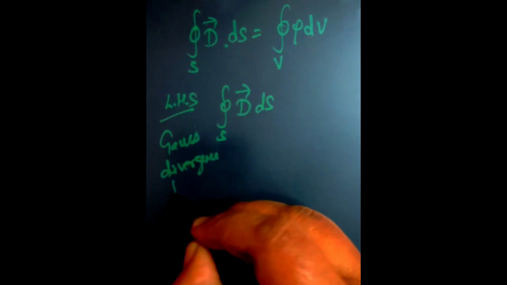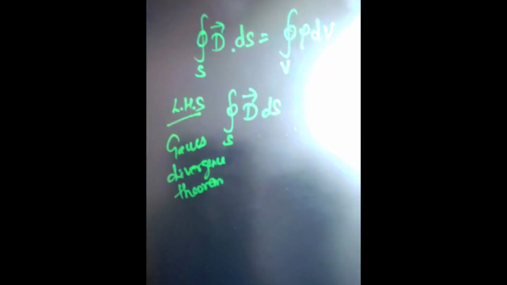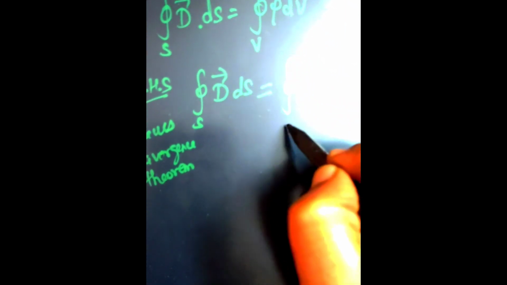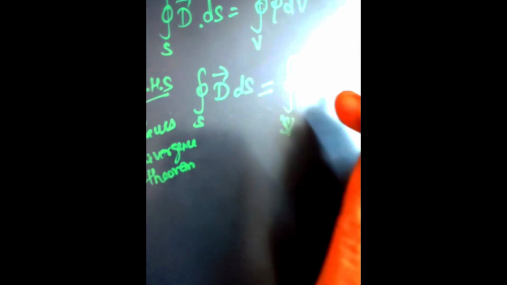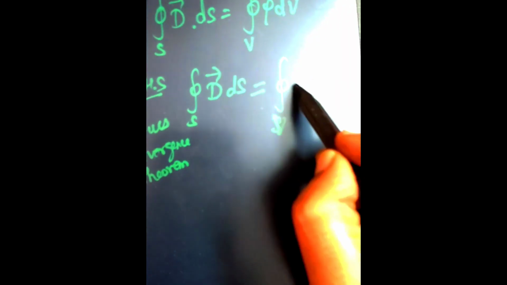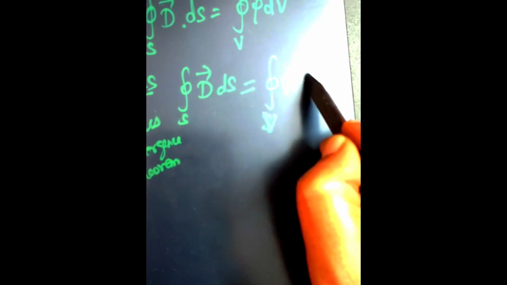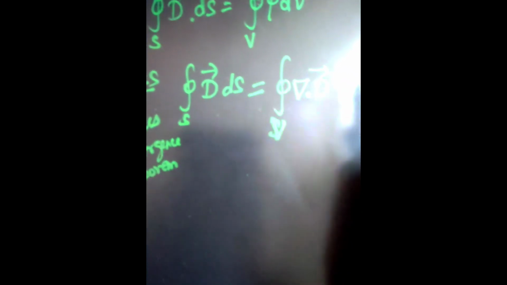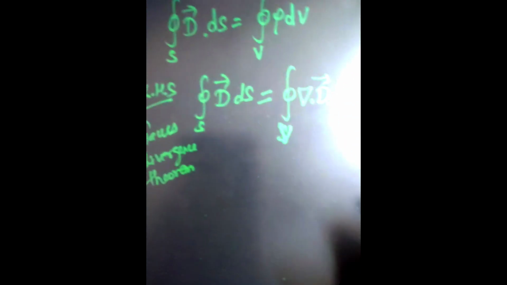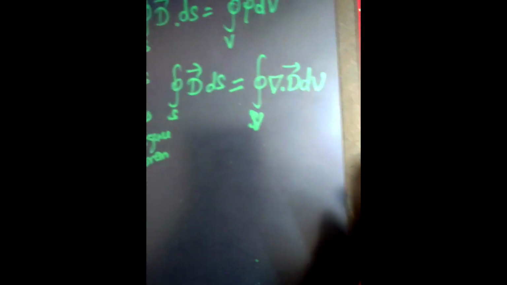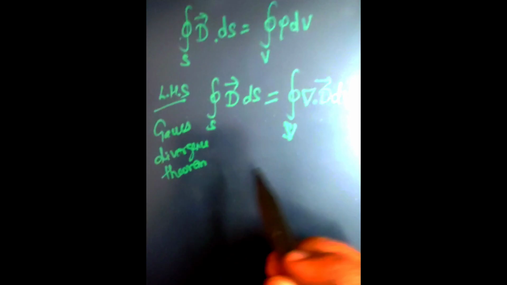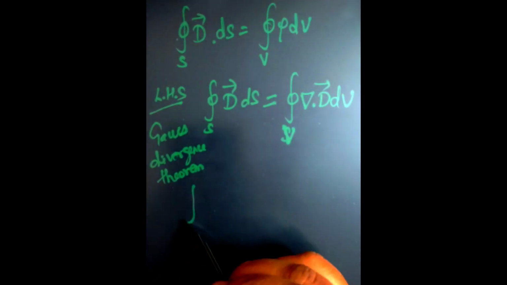By applying the Gauss divergence theorem, the surface integral is converted into the volume integral by substituting del dot D vector, that is, the divergence of D vector. So the surface integral is equal to the volume integral of del dot D vector dv.